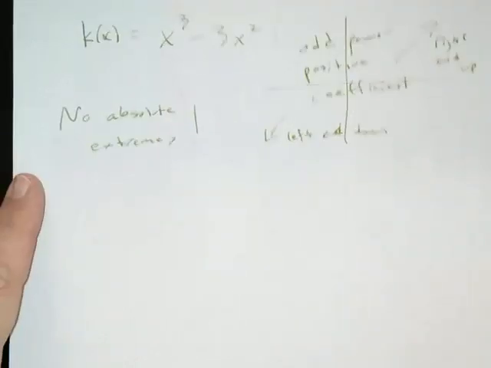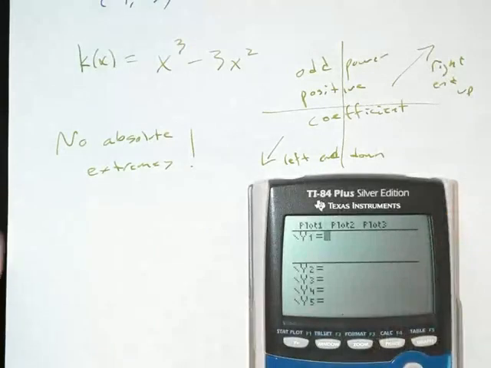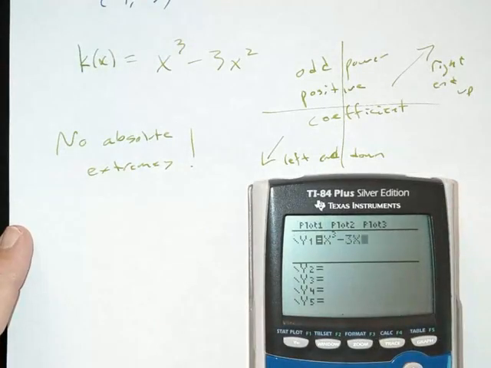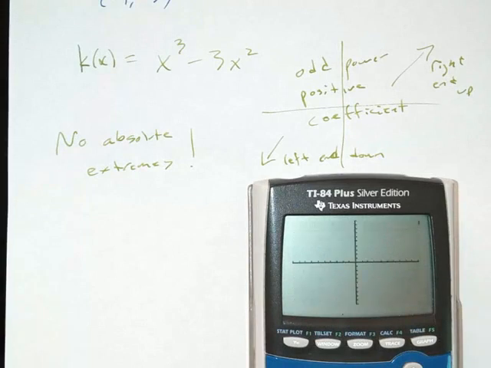So let's take a look at the sketch. Perfect. I see the left end coming up, which means as we go out towards the left, we're going down.